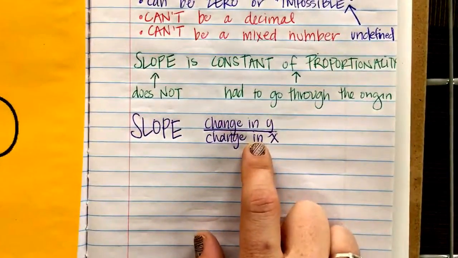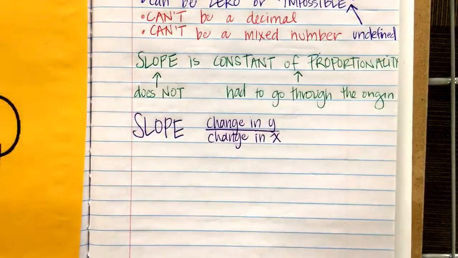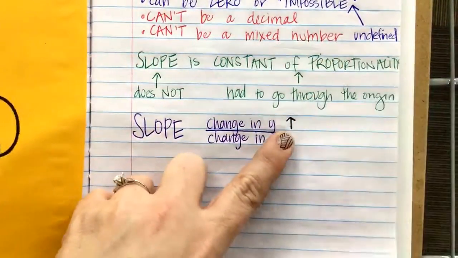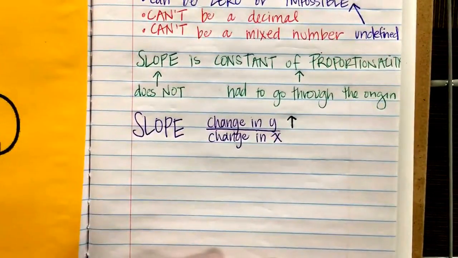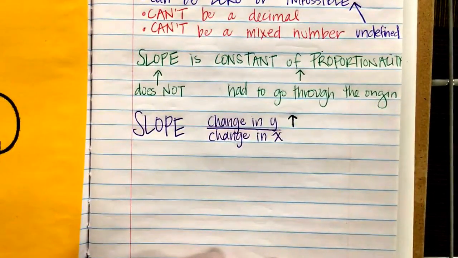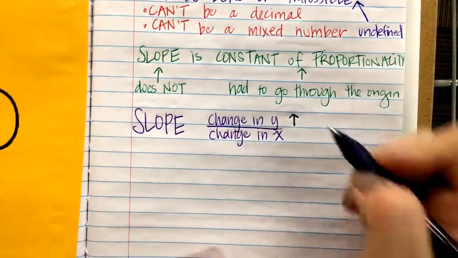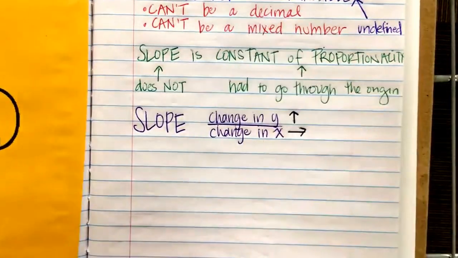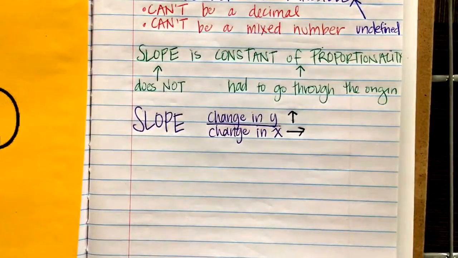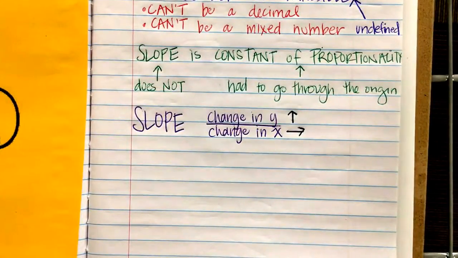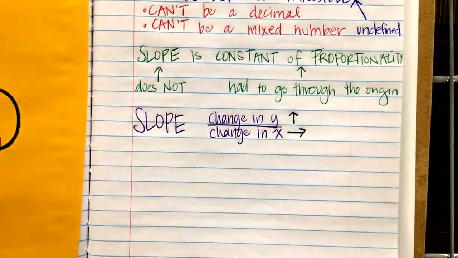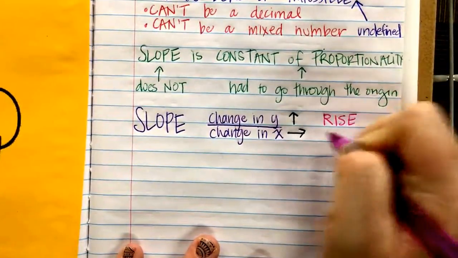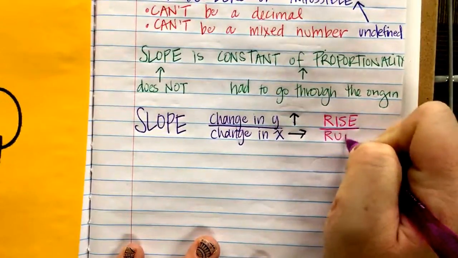Which way does the change in x go? If the change in y is the vertical change, what's the change in x? Horizontal change. Sometimes the formula for slope is shown as rise over run.